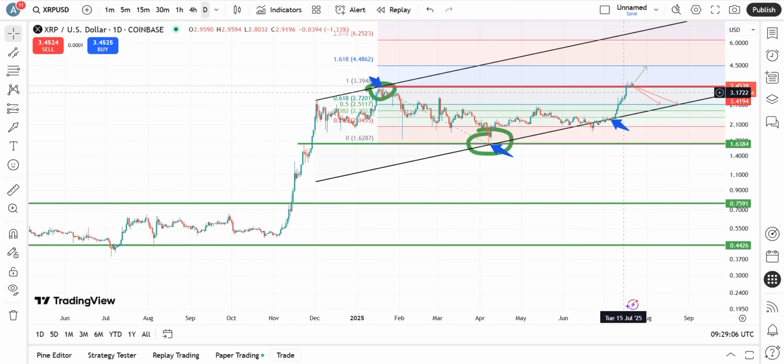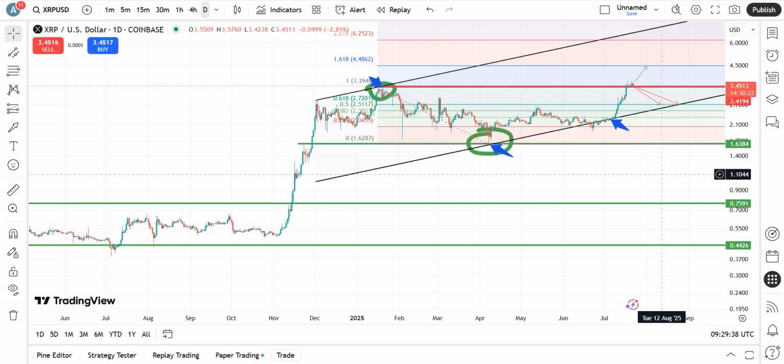So if it goes upward, the first destination would be the price 4.5, and after reaching the price, we would see how it's been touching this price, and we'll later say how it would be.